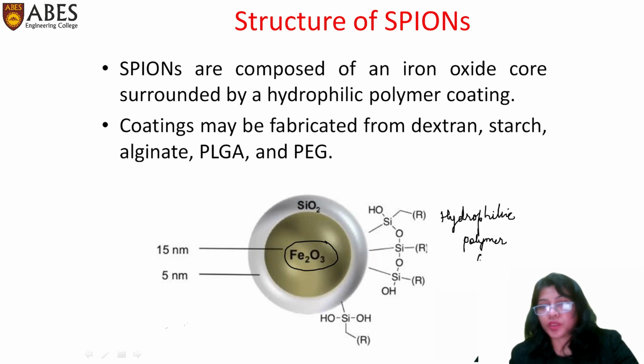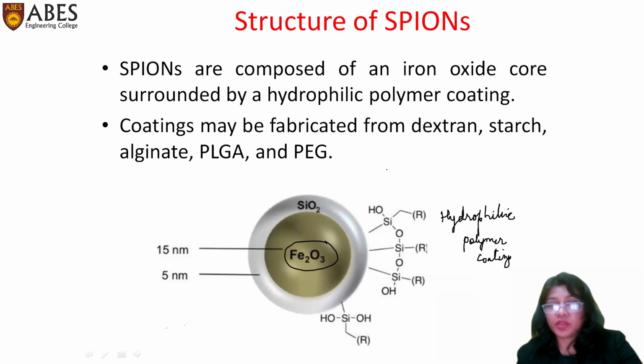So in case of SPIONs, the core is made up of iron oxide, and the iron oxide is surrounded by hydrophilic polymeric material. This hydrophilic polymeric material can be fabricated from dextran, starch, alginate, PLGA, that is poly lactic-co-glycolic acid, and polyethylene glycols.